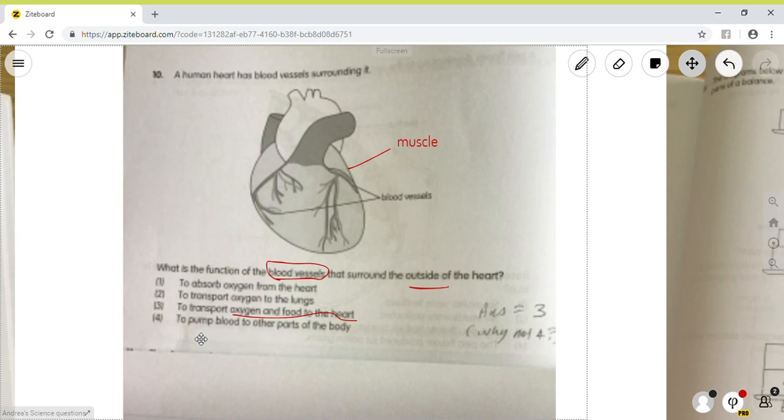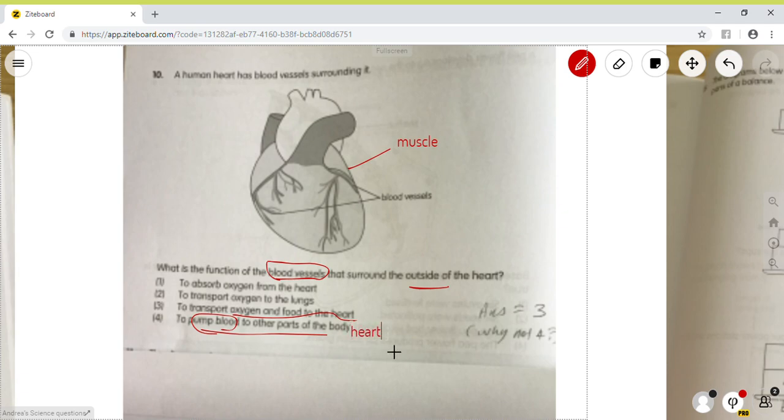Oh. It's not for, because for is pump blood to other parts of the body. The vessel cannot pump blood. Only the heart. No. The vessels cannot pump blood. Sorry, which one? Option 4. No. By the artery. No. Heart.